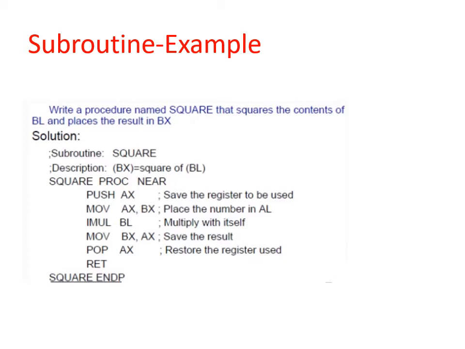This near indicates that this procedure is within the segment. Once we enter inside, you can see that we are pushing the value of AX. Whatever is the value in AX, we are keeping it safe because we are going to use AX from the next instruction for this subroutine.